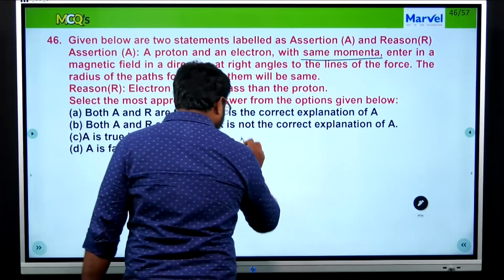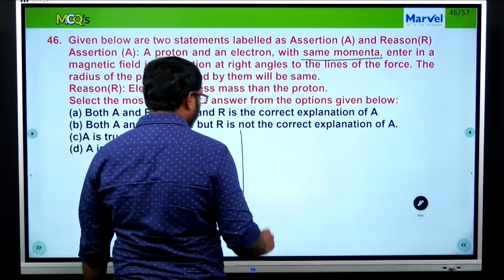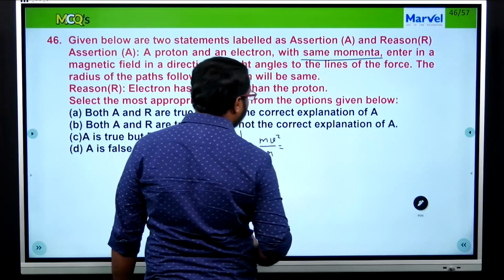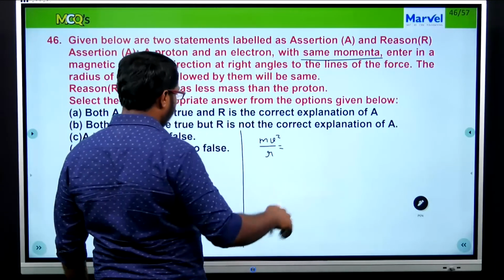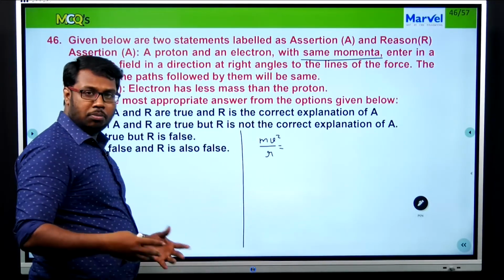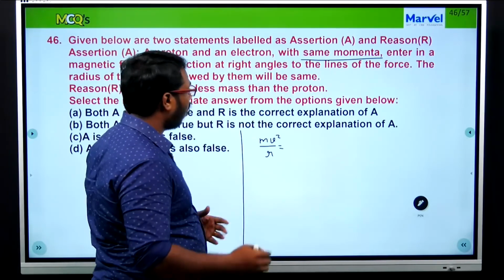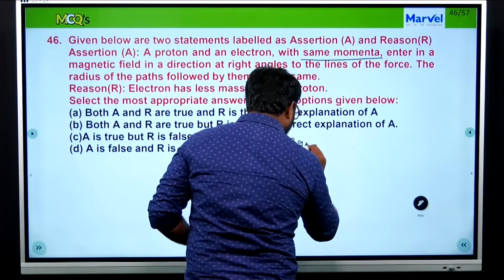Okay, first let me write the equation that associates these two. m into v squared by r is equal to the centripetal force, which comes into play because of the magnetic force. What is the magnetic force? It is BQV.